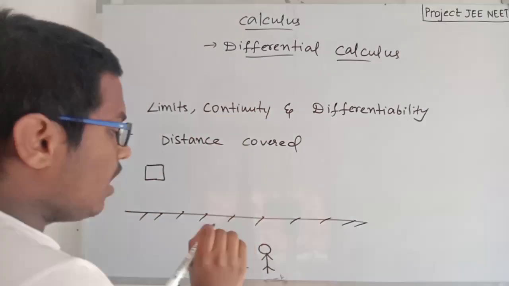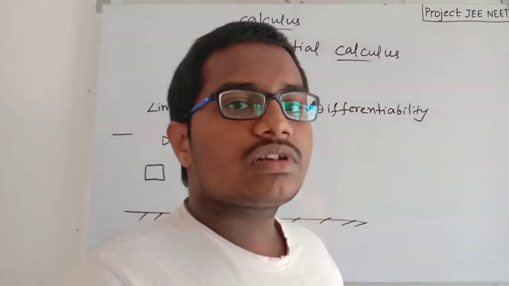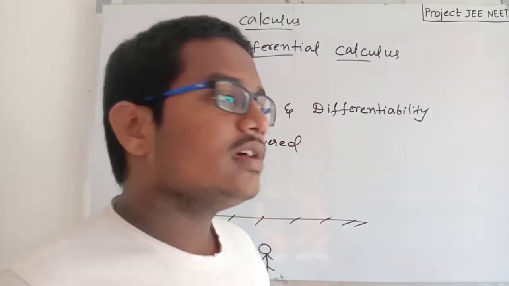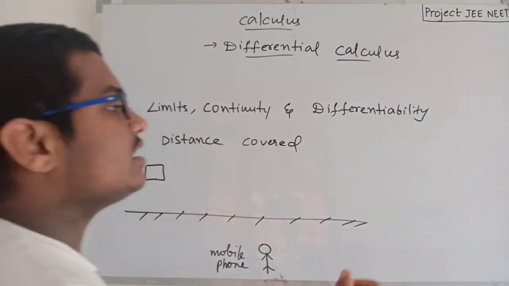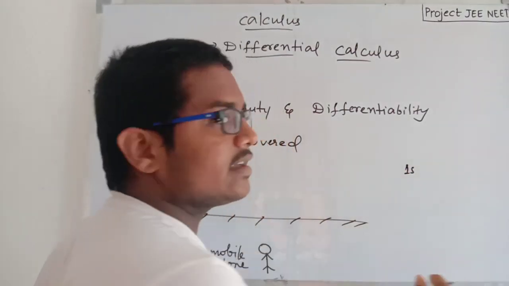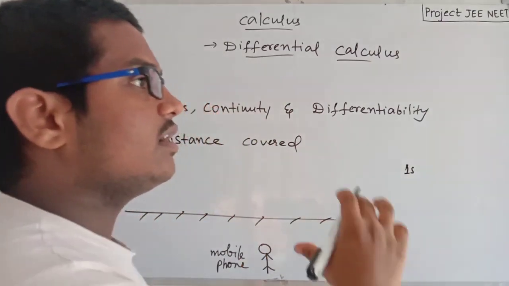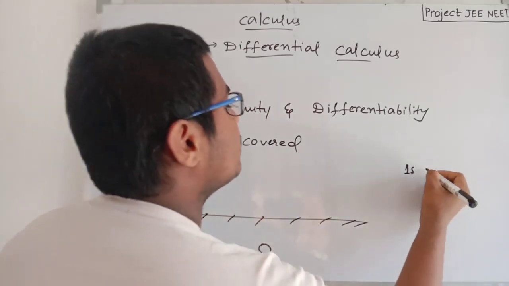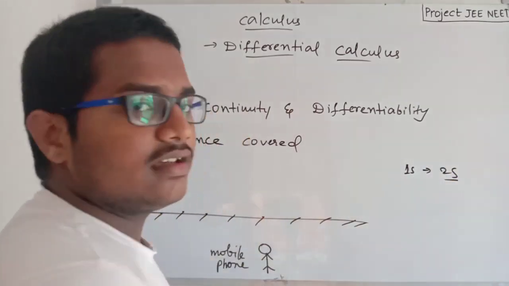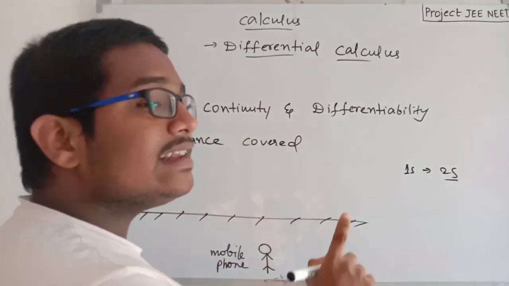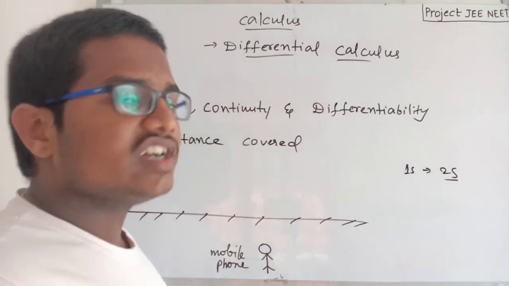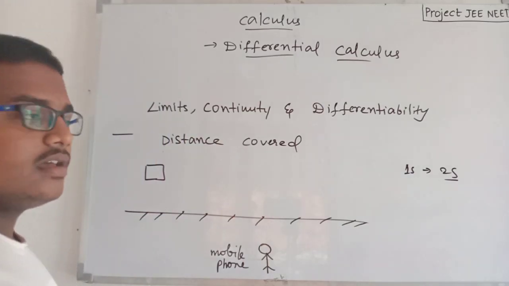Suppose there is a 1 second gap between one shot and the next shot, so 2 shots are taken in 2 seconds. That means a click will be done in 1 second, and that's the maximum speed of taking shots in your camera.